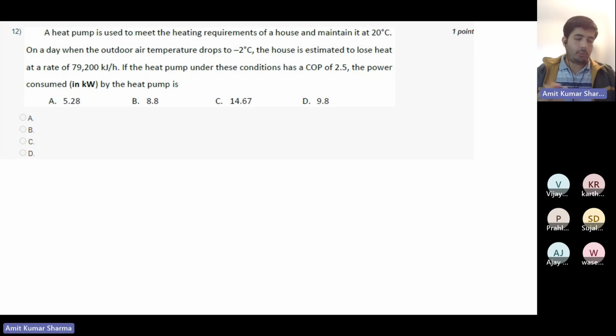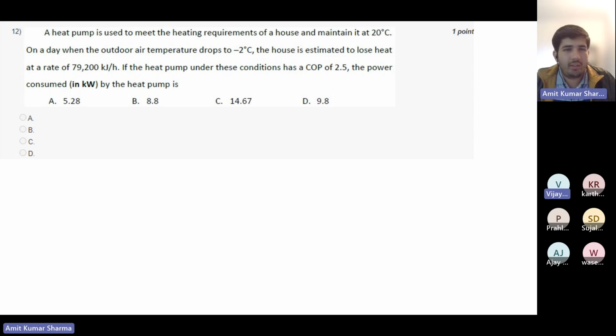You have been given a COP, so you have to know the formula of COP, the coefficient of performance, and apply it. You have the value, so you will know the answer then. A very easy trick for this type of question: always try to draw the diagram first. Don't go directly to the formula, as you may get confused.